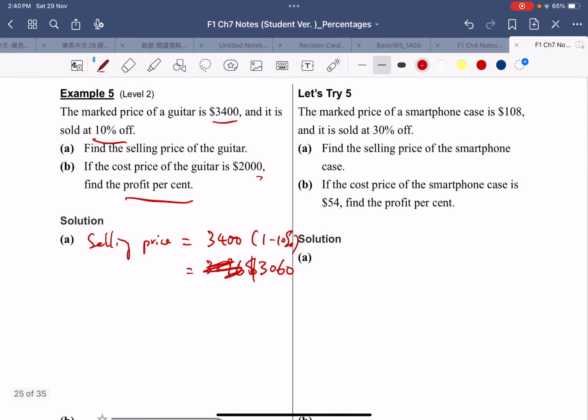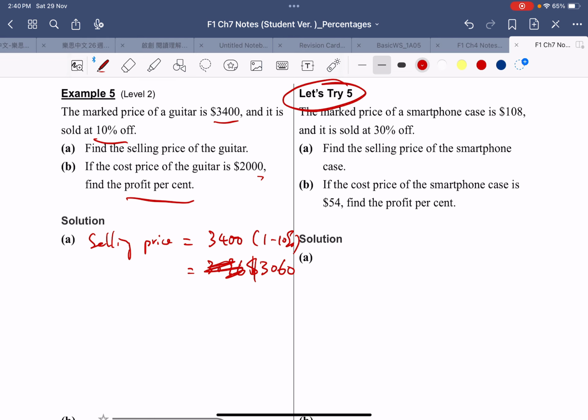Okay, let's try 5 here. Selling price first. Again, the same thing. 108 times 1 minus 30% discount, 75.6.